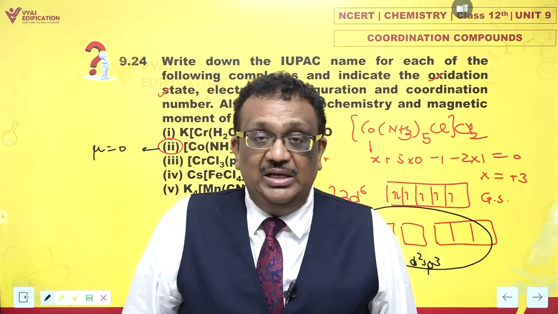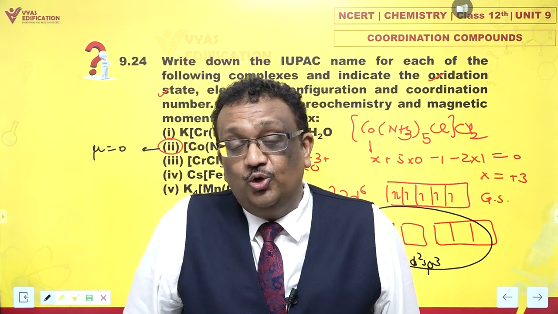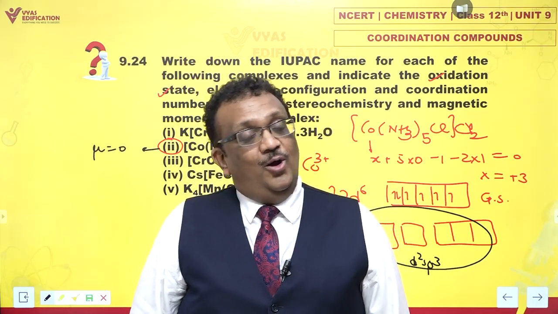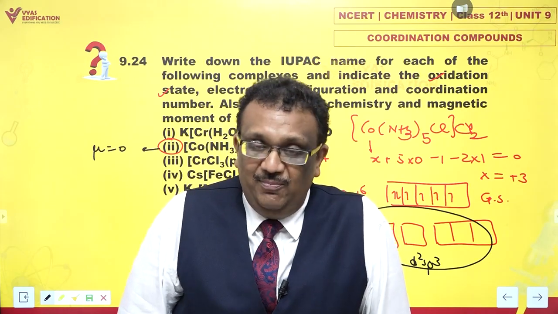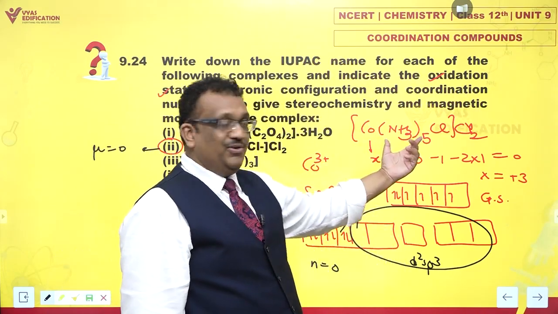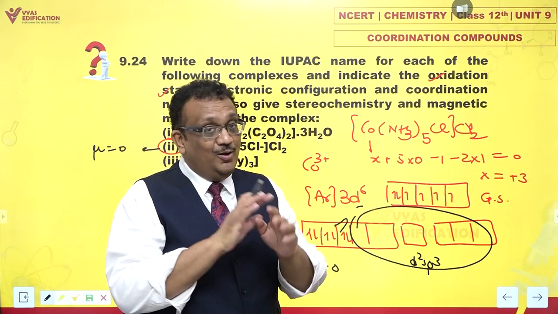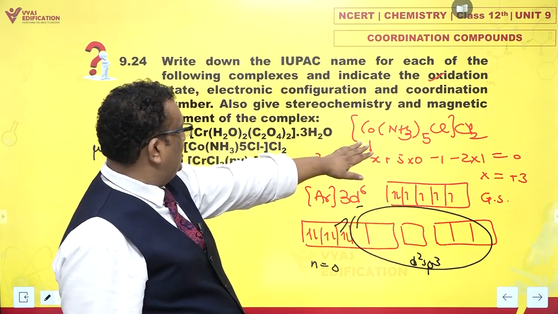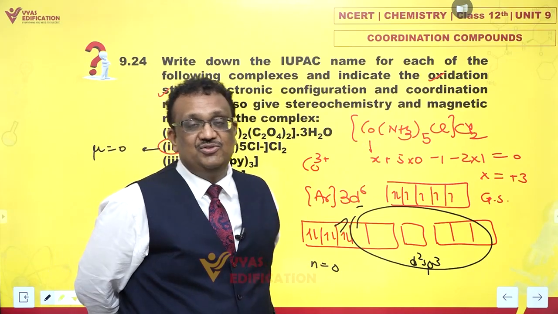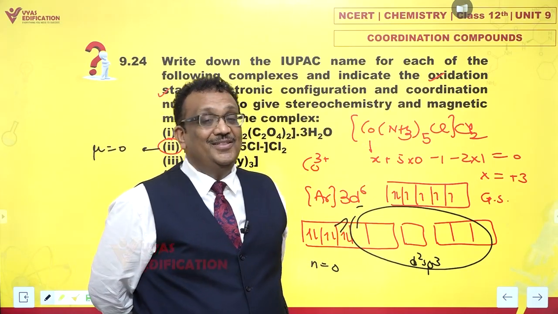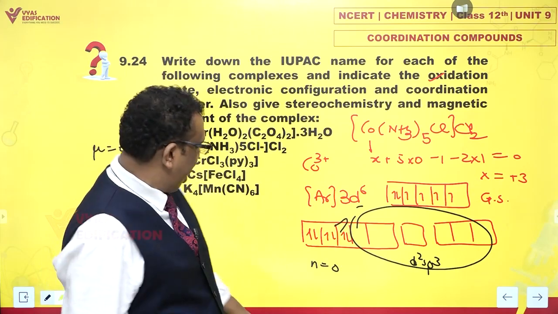Geometry is octahedral, yes, but it would not show any geometrical or optical isomerism simply because of its symmetrical shape and ligands. So no geometrical, no optical isomerism, only one structure, and that is the octahedral structure of this complex. That is the second part.